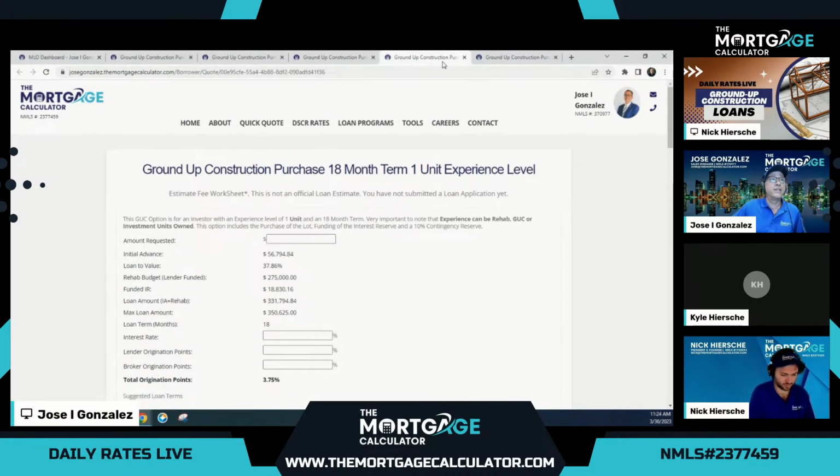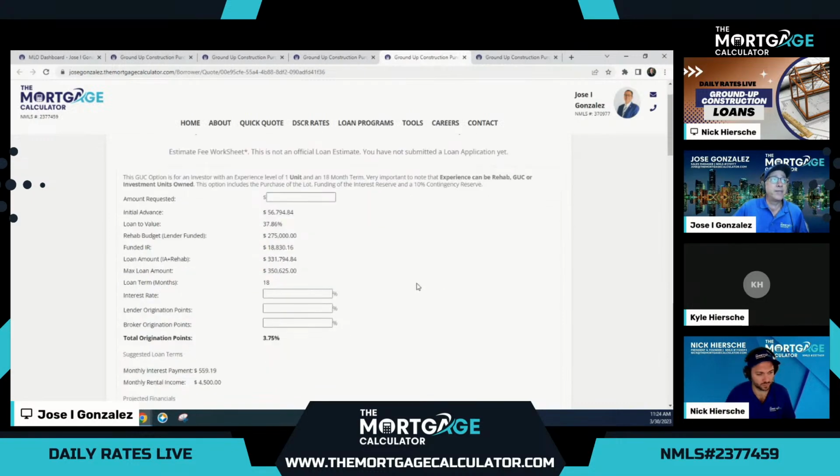Now, in this example, I went to the extreme: 1 unit experience level, same deal, $150,000 purchase price of the lot, $150,000 as-is value of the lot, $250,000 in hard costs, $25,000 in soft costs. Everything the same. ARV is $675,000.